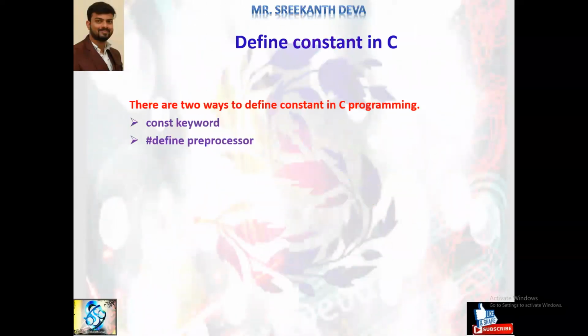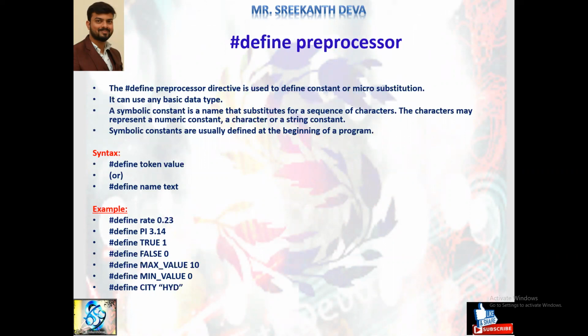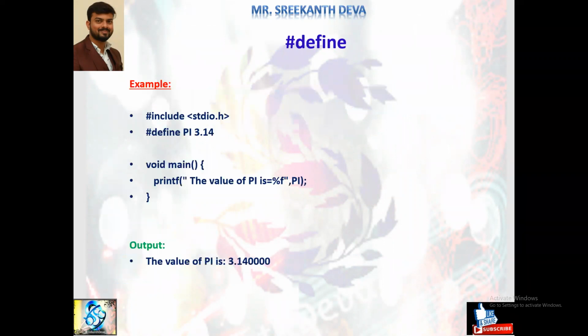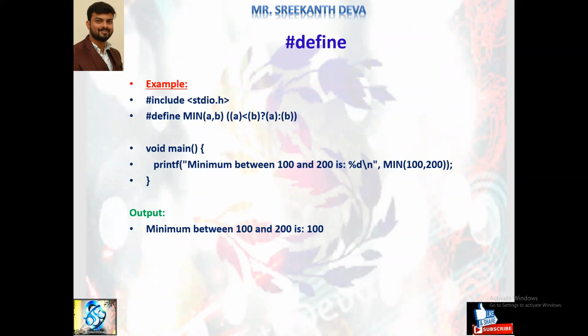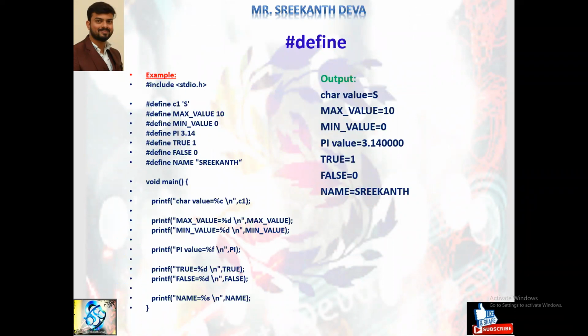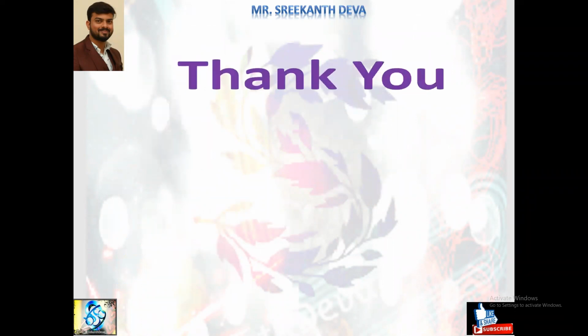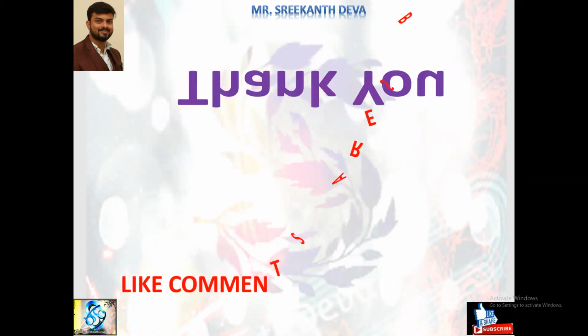That is the advantage of using hash define. In this session we discussed in detail about the hash define preprocessor directive used to define constants or macro substitution. This is a basic example I provided, along with conditions, applied with basic data types.